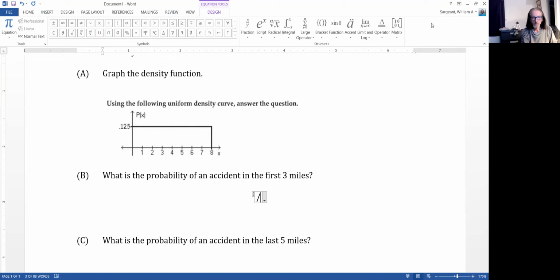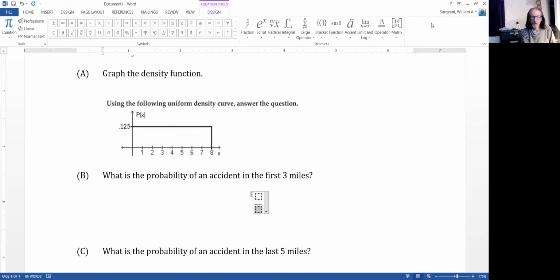So similarly, we're going to compare the area of the event to the entire area. And again, the total area between a density curve for any random variable and the horizontal axis is going to be 1.